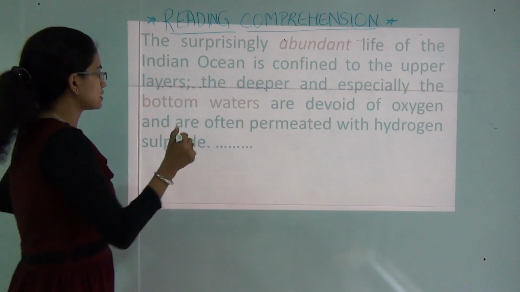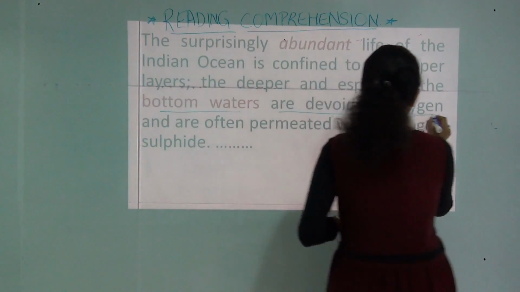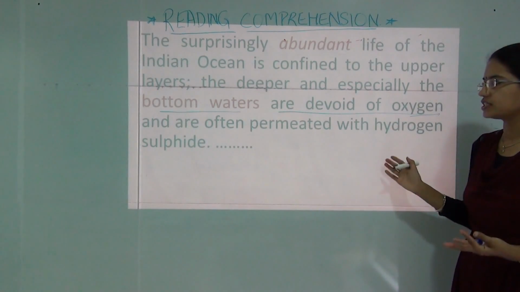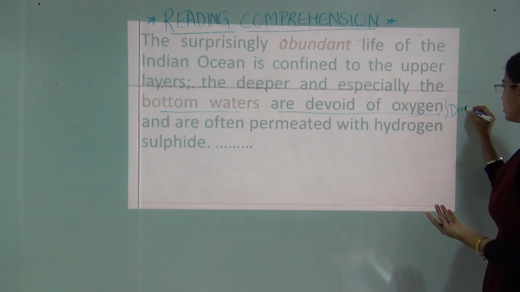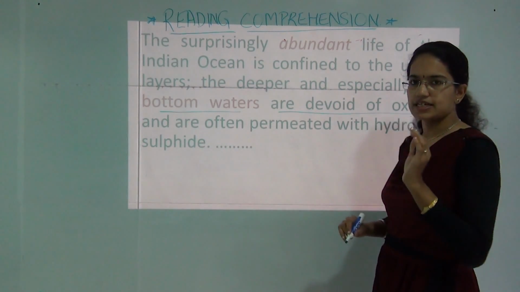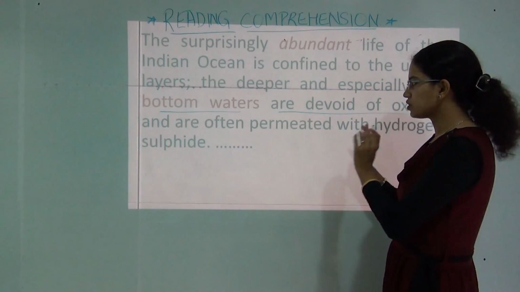The bottom waters are devoid of oxygen. That means the bottom waters do not have sufficient oxygen. And this is something which I can find directly. So it's a very direct question asked in the reading comprehension passage and a very simple question that you can solve.